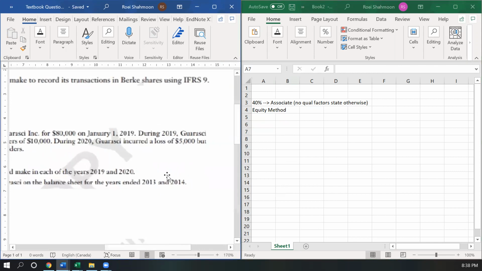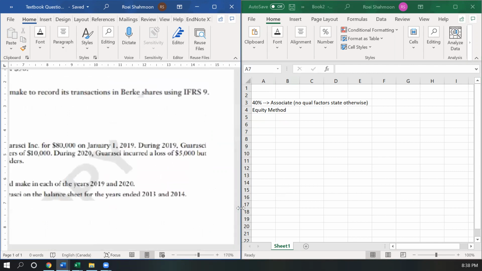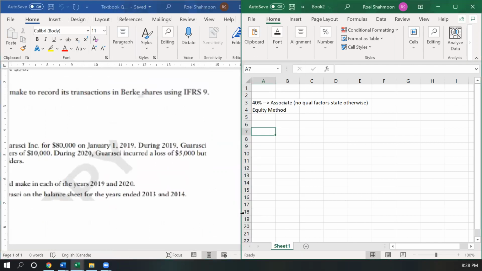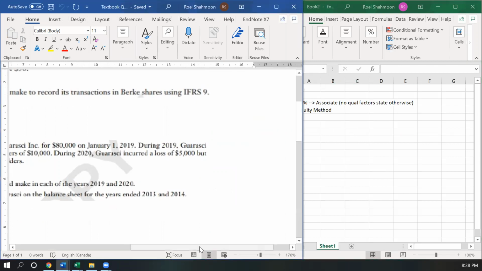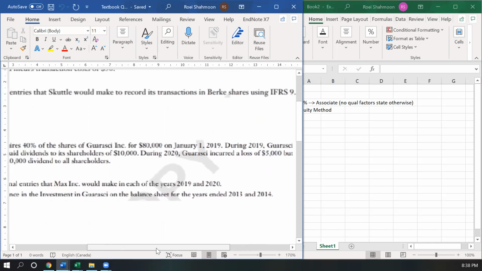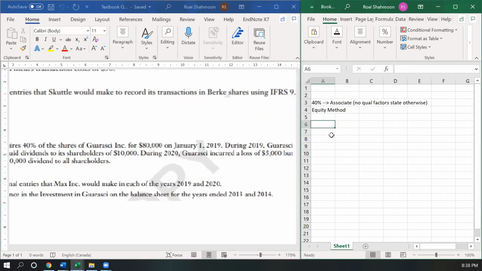I know this question is kind of annoying. It's so lengthy here. Okay. So over here, we can see they got 80,000 on Jan 1st, 2019. So our first entry will be on Jan 1st, 2019.